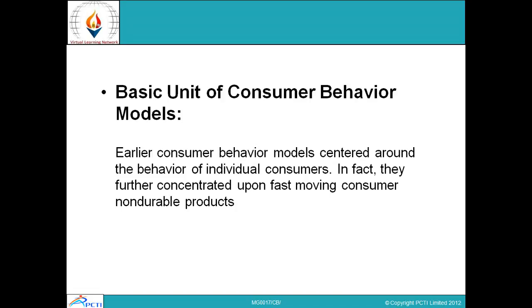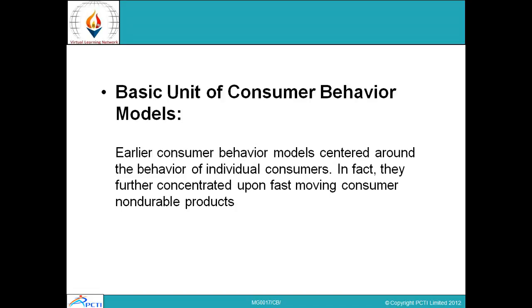Let me explain the basic unit of consumer behavior model in a simpler way. Suppose the youngest sibling in your family has joined a college and he insists that he wants to buy a pair of jeans. How would you, as a parent, react when he is asking for jeans? What are you going to do?